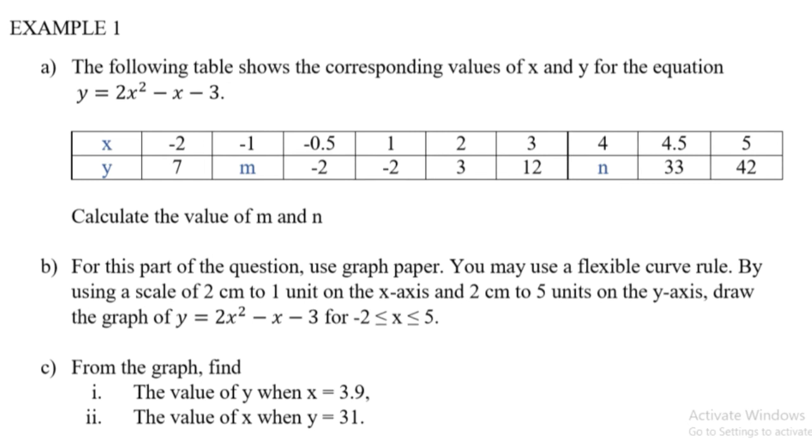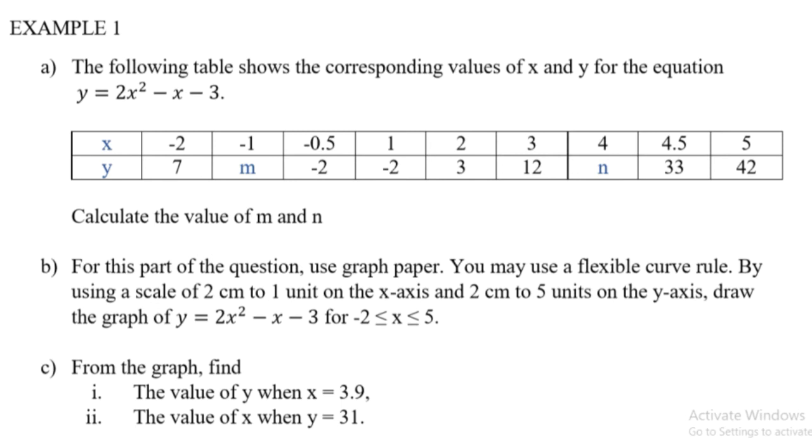Values of x are -2, -1, -0.5, 1, 2, 3, 4, 4.5, and 5. And values of y are 7, m, -2, 3, 12, and 33, and 42. The question asks us to calculate the value of m and n.